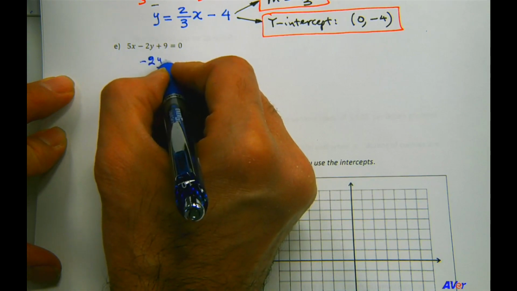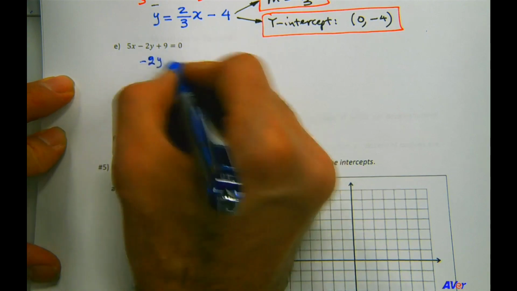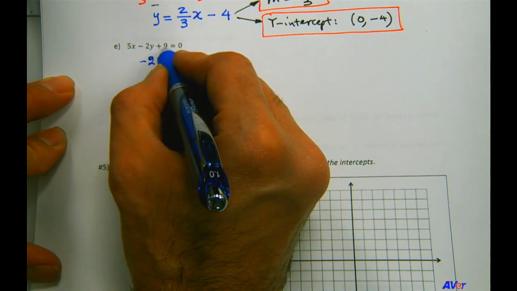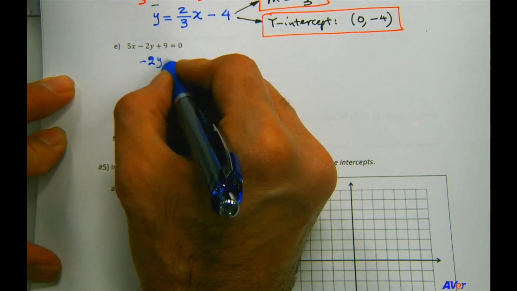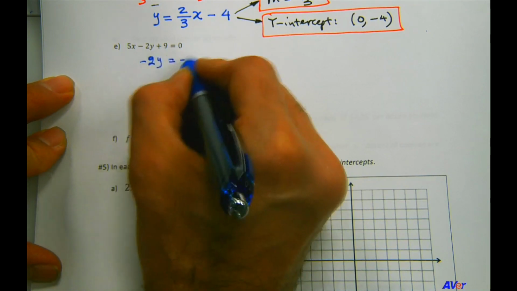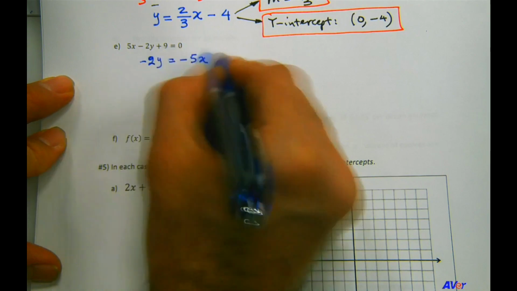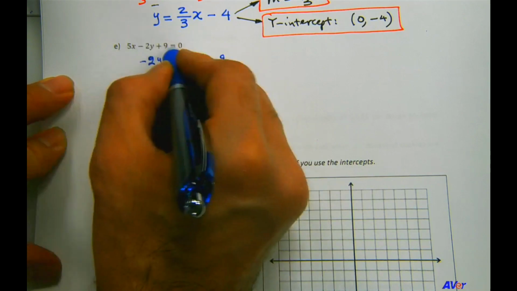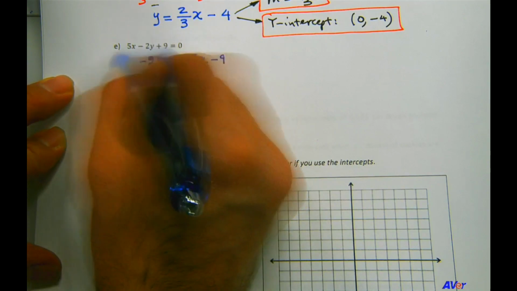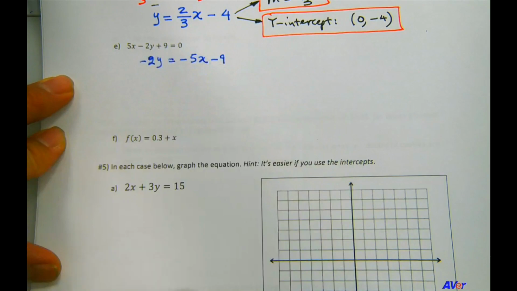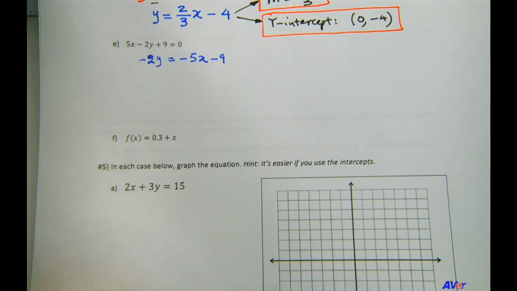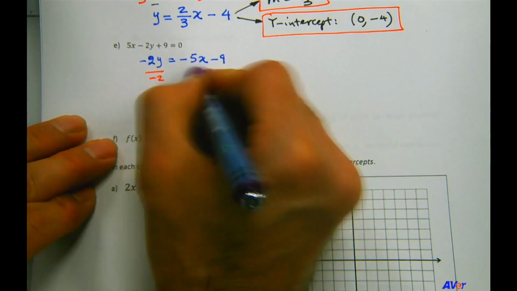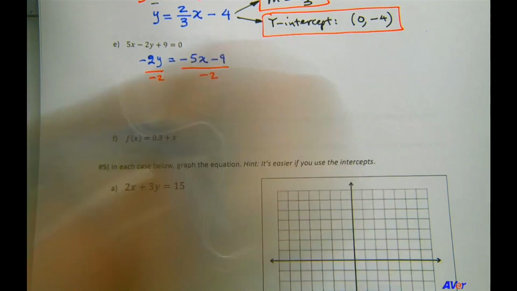So negative 2y. At the same time, I will do the same thing with 9. So minus 2y equals minus 5x minus 9, right? Moving terms across the equality symbol means you have to change the algebraic sign, and that's what I did. Then divide both sides by -2, this side by -2, this side by -2.